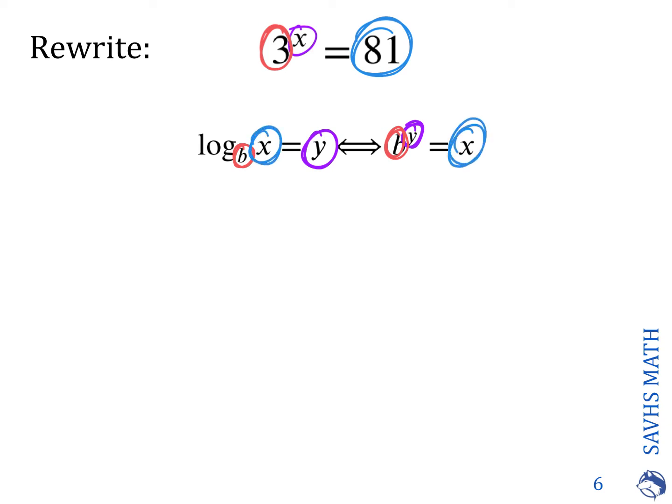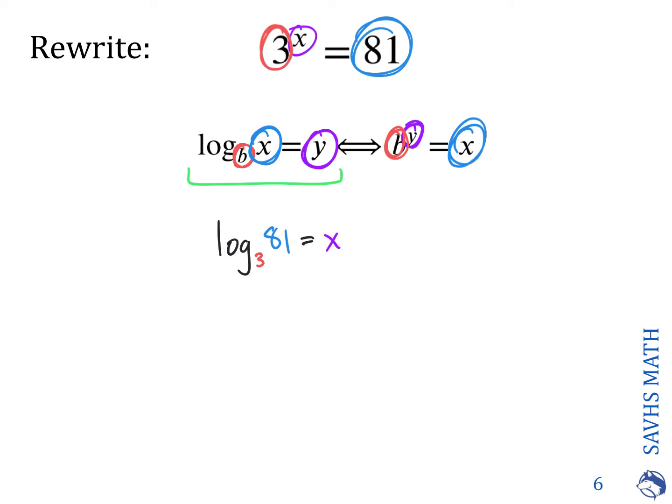So if we rewrite the 3 to the x equals 81 equation like this, what we get is log base 3 of 81 equals x.